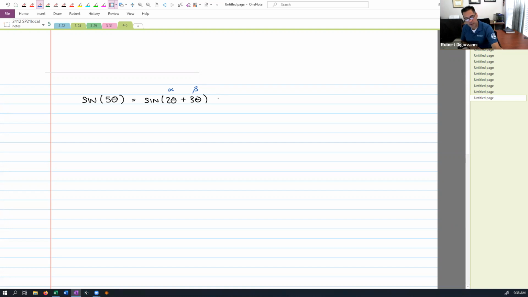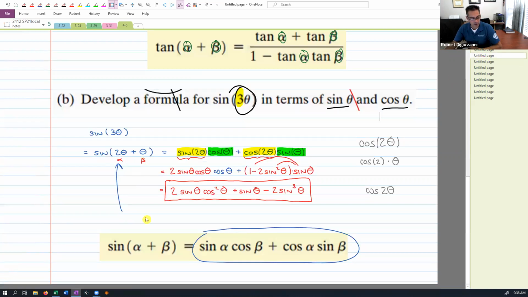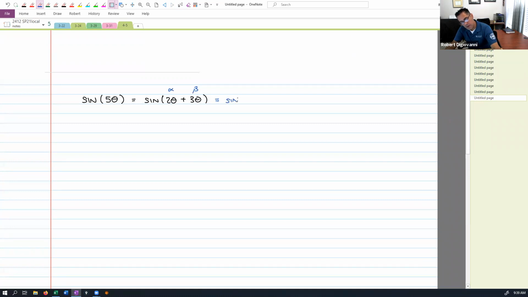This looks like it would be kind of a nightmare, but let me do this. If we use this formula again, we should get sine of the first one, 2 theta, cosine of the other one, 3 theta, plus cosine of 2 theta, sine of 3 theta. Right, that's that formula.